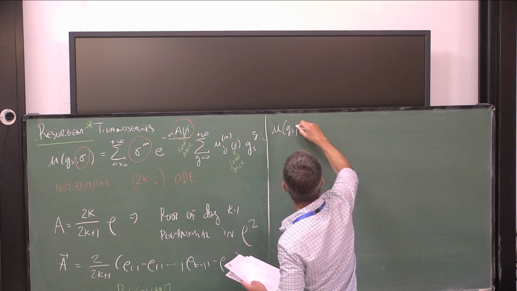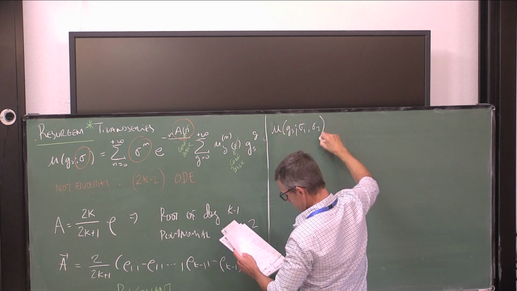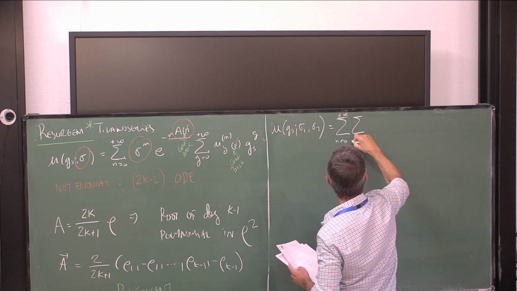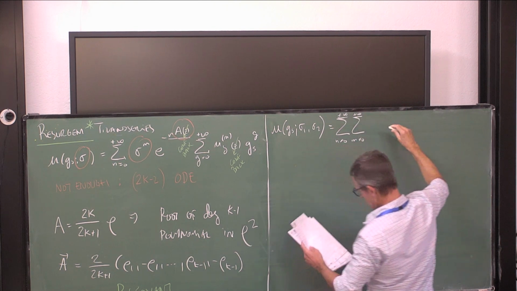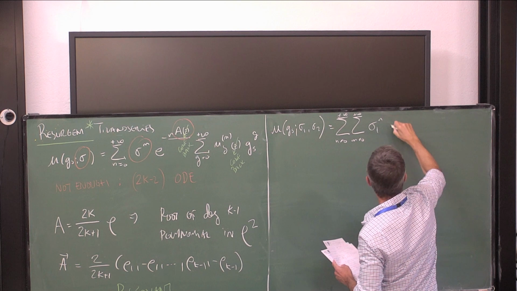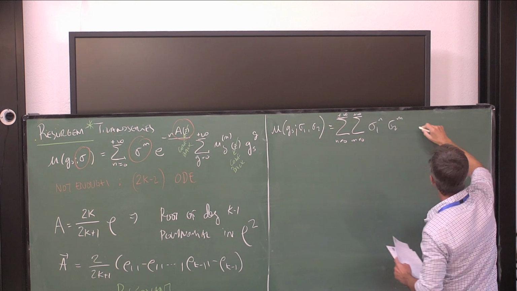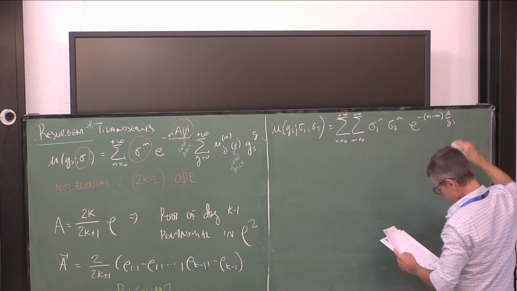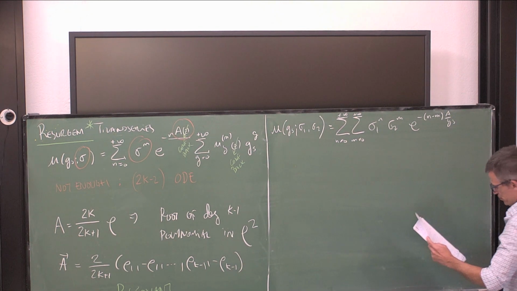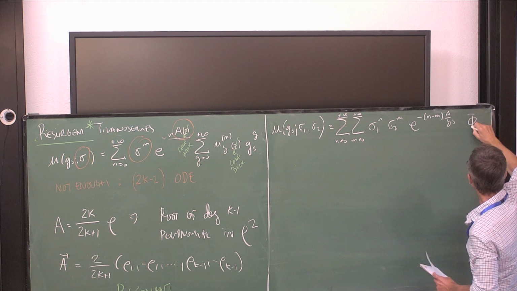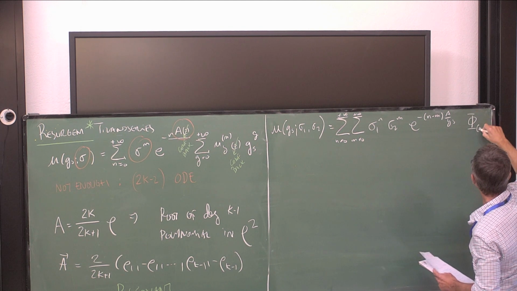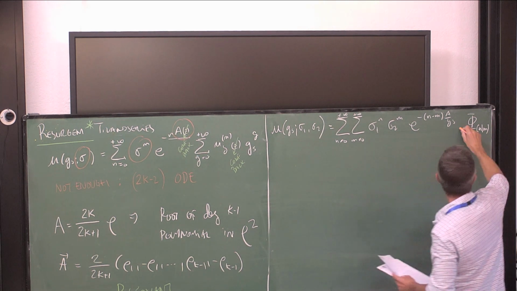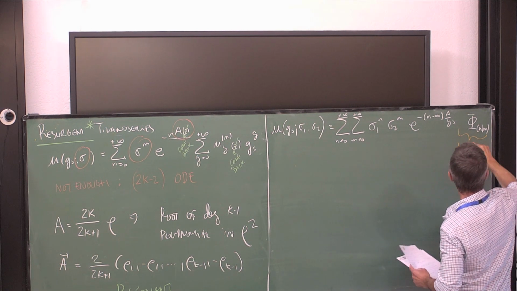U of GS, now it's going to depend on sigma 1 and sigma 2. There's going to be two sums. There's sigma 1 to the n, sigma 2 to the m. Then there's going to be the exponential of minus (n minus m) A over GS. And then there's going to be an asymptotic series. Let me not worry about them. We don't need to focus on these anymore.